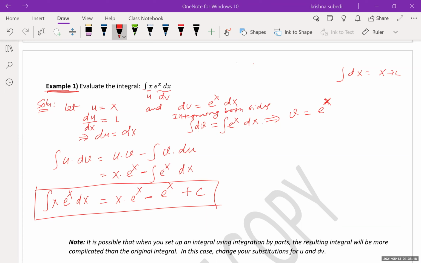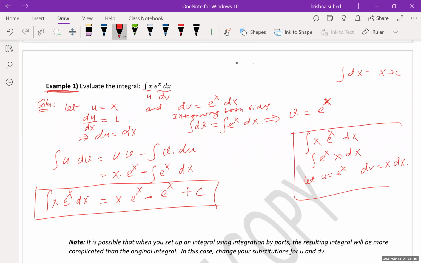Okay. No, Professor. Now the question is, what happens if this is x e to the x dx, and I write this integral as e to the x dx, and suppose u equals e to the x and dv equals x dx, does it work?